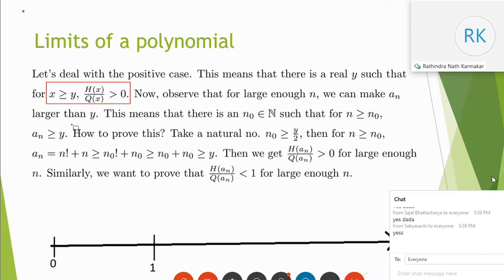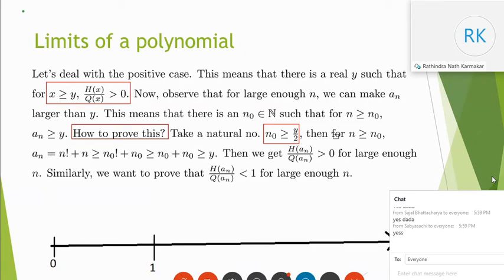So how do we prove this? How do we get this, rather? Observe that we can take a natural number n naught greater than or equal to y by 2. It is always possible. y by 2 is a finite number, and natural numbers are unbounded. You can always take a natural number greater than or equal to y by 2.